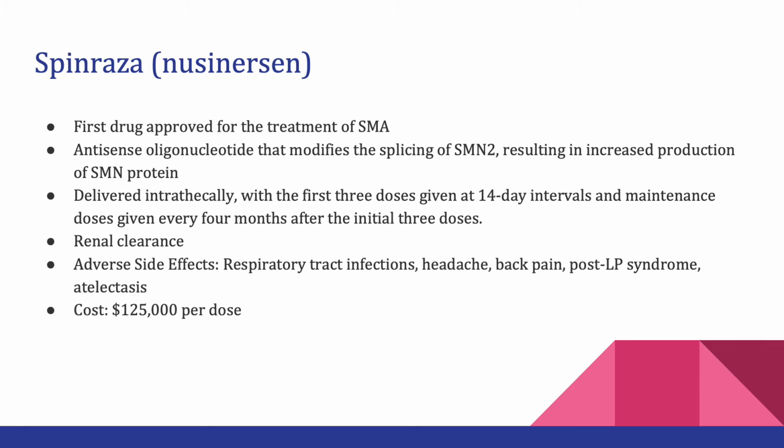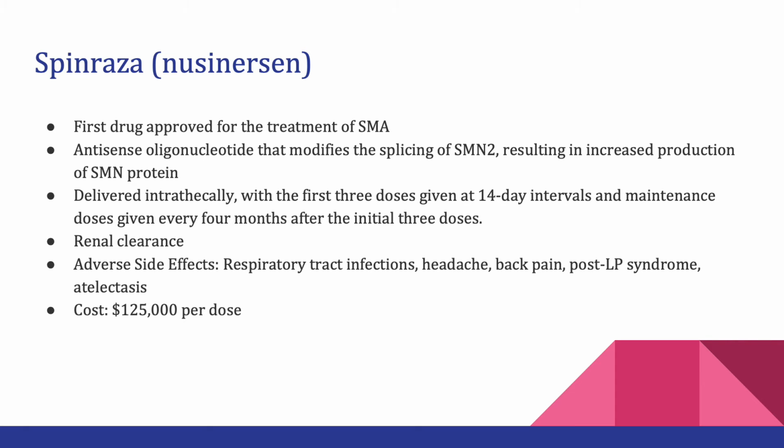However, the drug does not cross the blood-brain barrier, and therefore cannot be given orally, IV, or sub-Q, making intrathecal administration the necessary route of administration. While it is renally cleared, there are no current recommendations for dose adjustments in people with renal insufficiency.